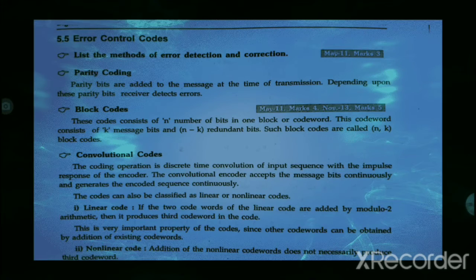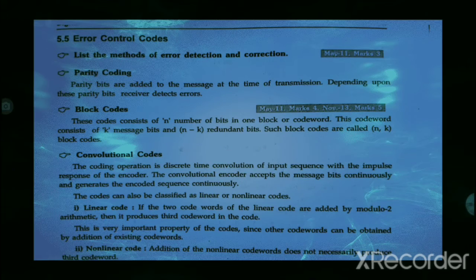Block codes. These codes consist of n number of bits in one block or code word. This code word consists of k message bits and n minus k redundant bits. Such block codes are called (n,k) block codes.